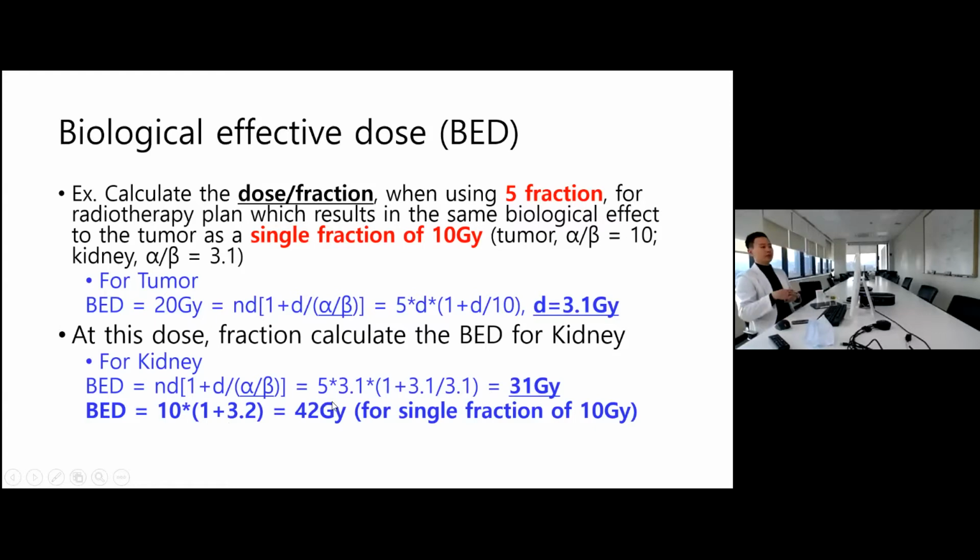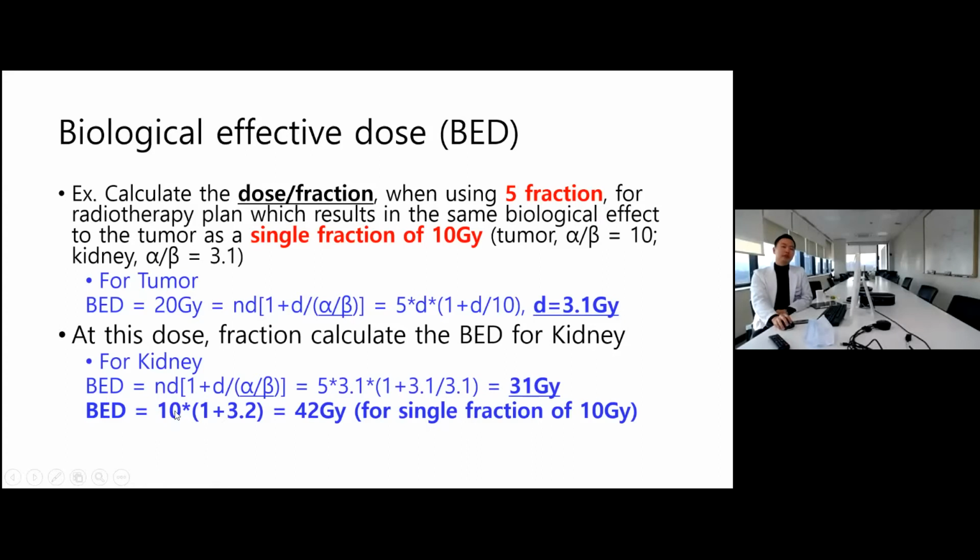So this is an important point that suggests that the single dose of 10 gray is about 1.5 times more toxic to the normal tissue, the normal kidney.